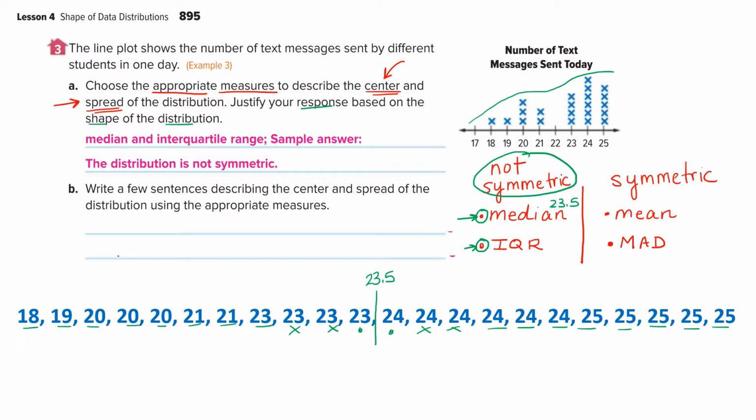To find the interquartile range, we need to break our data into 4 equal parts, or quartiles. Now I'm going to find the middle of the lower half. This is 21.